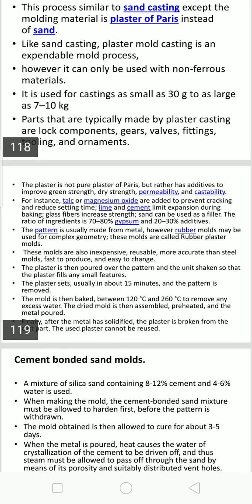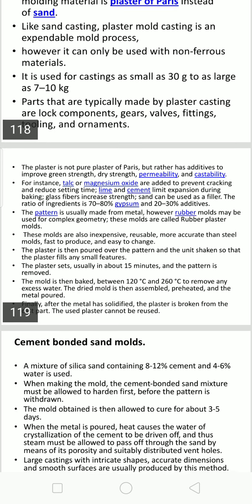The ratio of ingredients is 70 to 80% gypsum and 20 to 30% additives. The maximum ingredient is gypsum, and 20 to 30% is additive. The pattern is usually made from metal. However, rubber molds can also be used. These molds are also expensive, reusable, more accurate than steel molds, fast to produce, and easy to change.